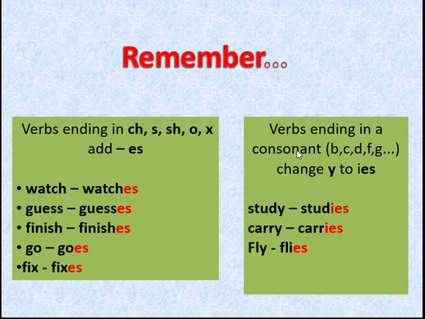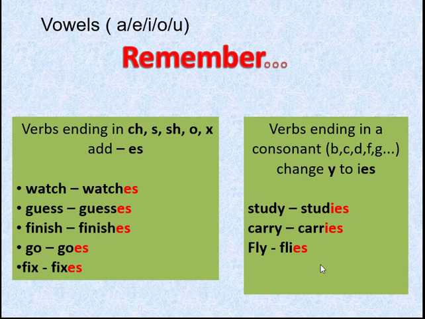All letters in English are consonants except the 5 vowels A, E, I, O, U. We call them vowels. If our verb ends in Y after a consonant, we add IES.